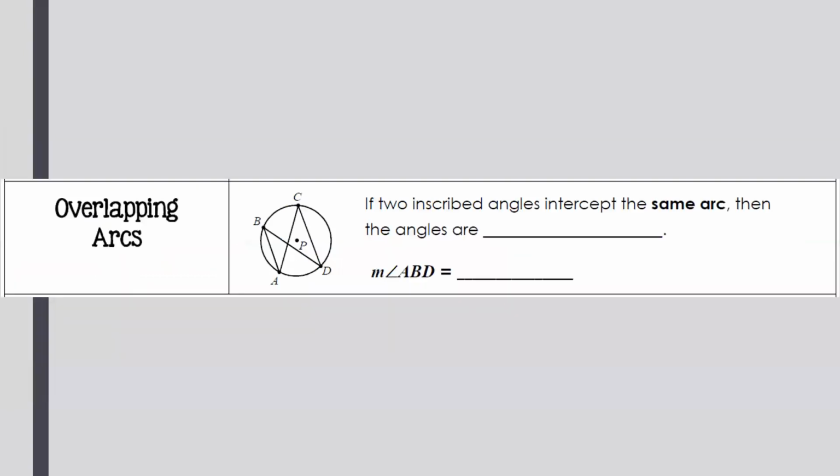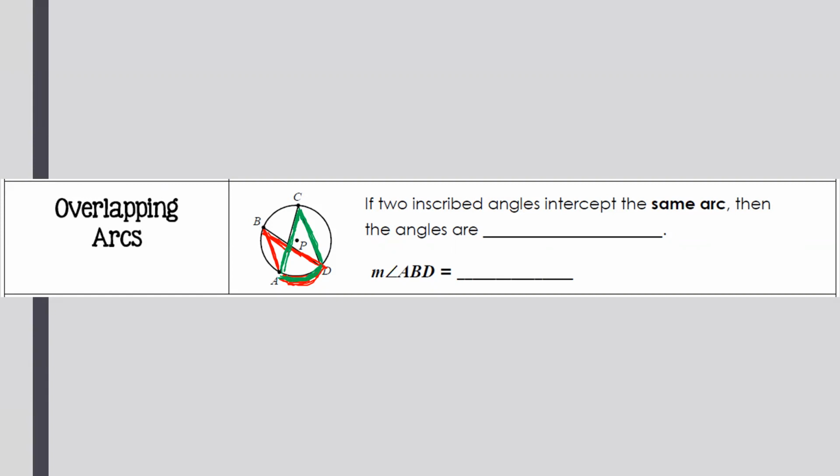There you go. Now, if you have some overlapping arcs, where you have two inscribed angles intercepting the same arc. So for example, here I have an inscribed angle. It's intercepting arc AC. See it there? And then if I have inscribed angle ACD, it's still intercepting arc AD.